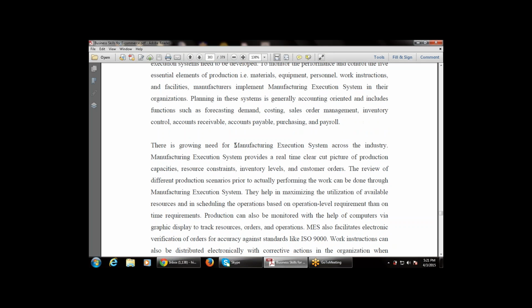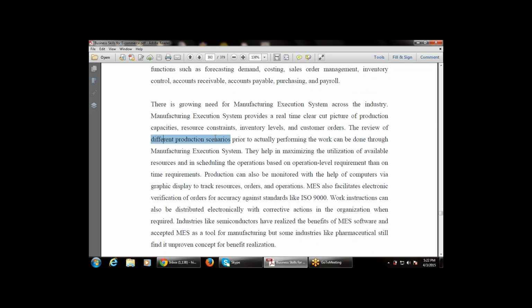There is a growing need for manufacturing execution system across the industry because it provides a real-time clear-cut picture of production capacities. Real-time means the current picture, whether the resources are available or not, whether there is a shortage of the resources, whether there is any fraudulent activity going on. So it provides a real-time clear-cut picture of production capacity, resource constraints, inventory level and the customer orders.